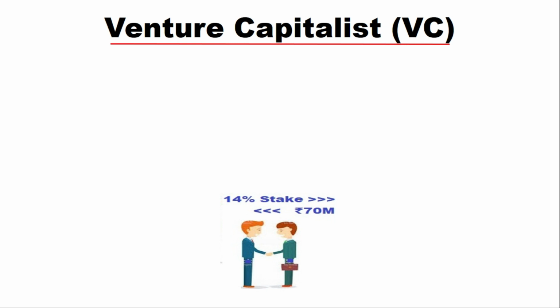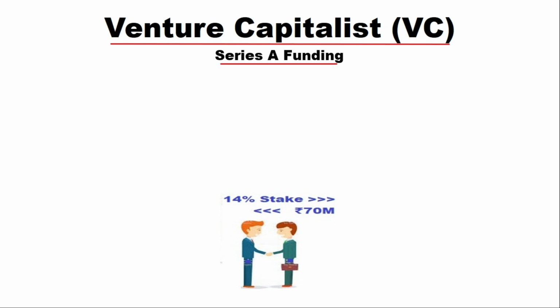A venture capitalist is an investor who provides capital to companies that exhibit high growth potential in exchange for an equity stake. VCs target companies that are at the stage where they are looking to commercialize their idea.